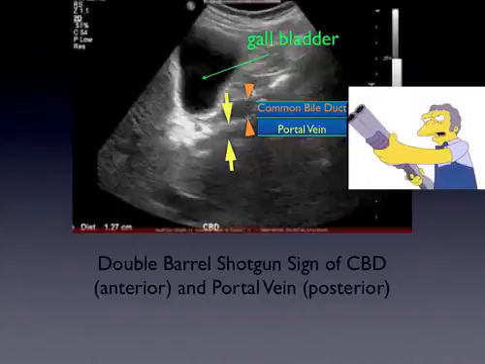We're interested primarily in the CBD, again looking at the dimensions to see if it's less than 6 millimeters, for someone less than 60 years old. And again, we measure from the internal diameter of the CBD. Note that there is approximately a millimeter difference in this image on the wall of the gallbladder.